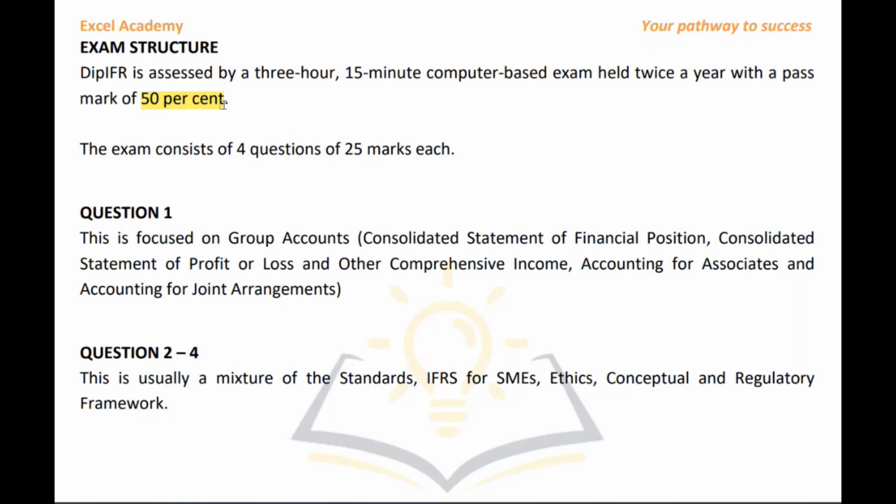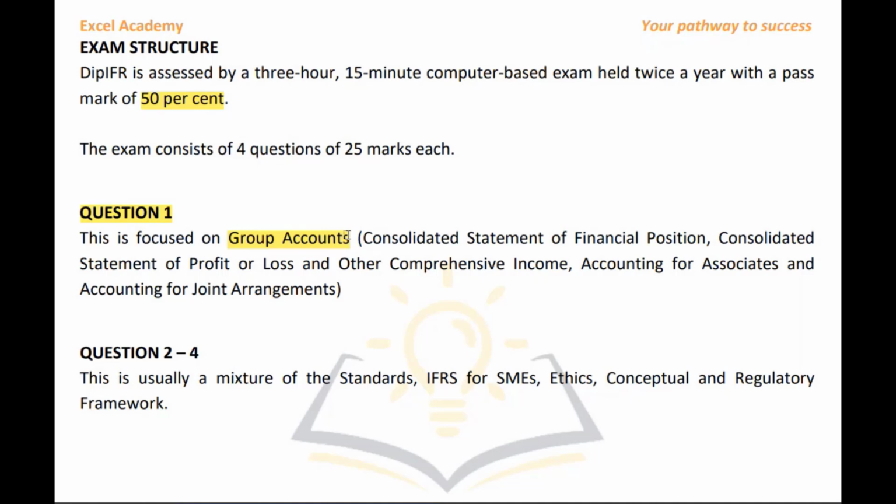The exam consists of 4 questions, question 1, 2, 3, and 4, and each question carries 25 marks. Question 1 is usually focused on group accounts. Just have that at the back of your mind. If the consolidated statement of financial position is not tested, it can be the consolidated statement of profit or loss and OCI.